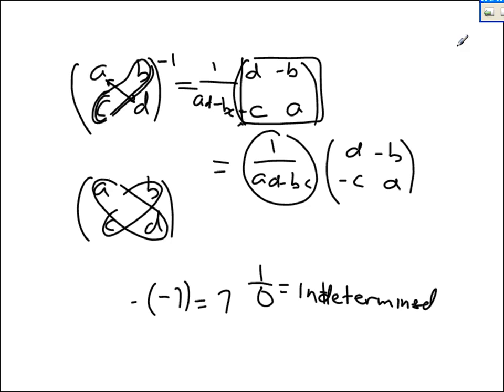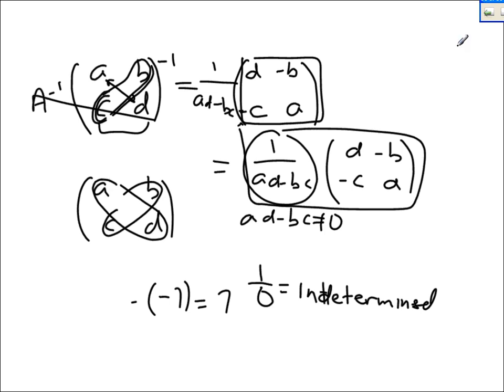That is, AD minus BC cannot be 0. If I call this matrix A, then A inverse is equal to this if AD minus BC is not 0. After all, if AD minus BC is 0, then A inverse is gibberish.